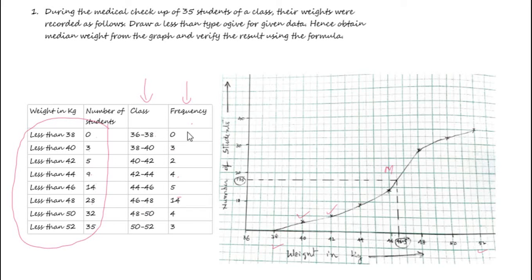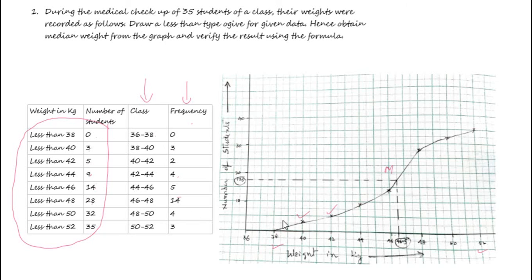And the frequency I have arrived at from the cumulative frequency, that is the number of students here. So 0, this also 0, next is 3, 3 minus 0 is 3. Now third column, third row, here it is 5, 5 minus 3, that is 2, 9 minus 5, that is 4. In the same way, the entire column is populated.